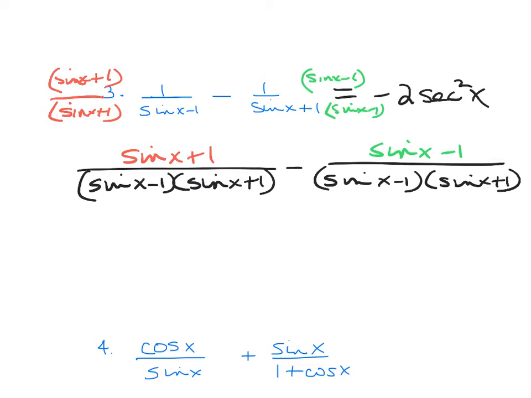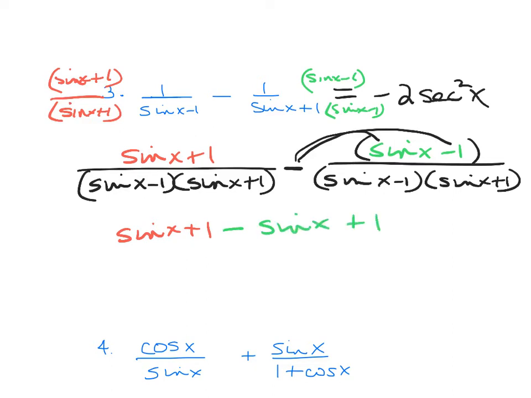Now notice this subtraction sign here, it needs to go to both of the terms. So you need to distribute the negative sign to the sine and to the -1. So my new numerator is sine x plus 1, and then I distribute the negative sign to the sine and to that -1. So it turns it into a plus sign.